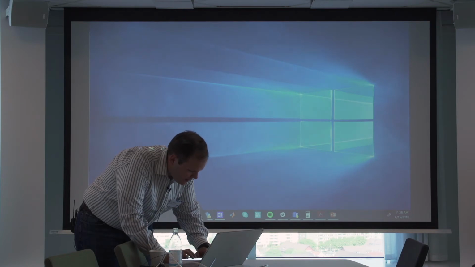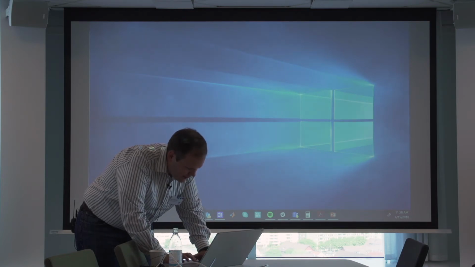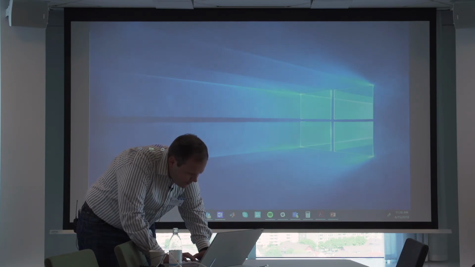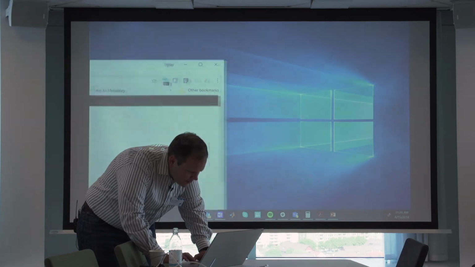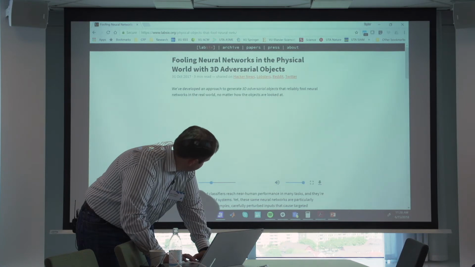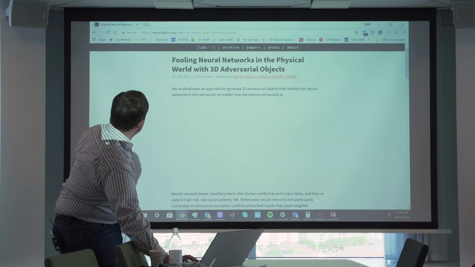Let me just find something. I'm going to load something quickly, just in case you haven't seen these. I should have put some of these in my slides, but I didn't.